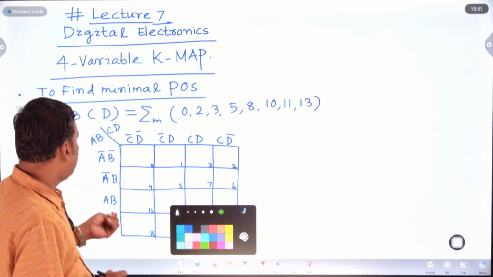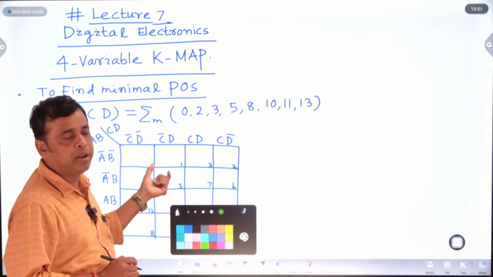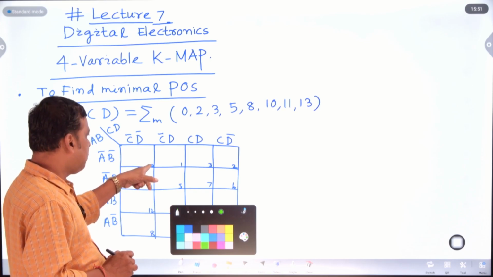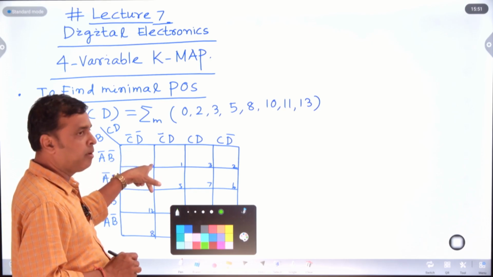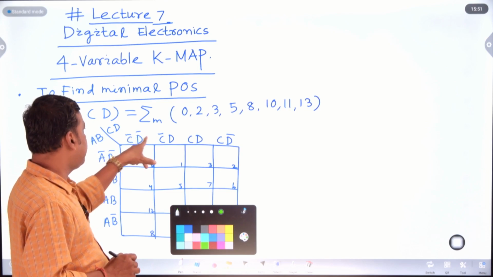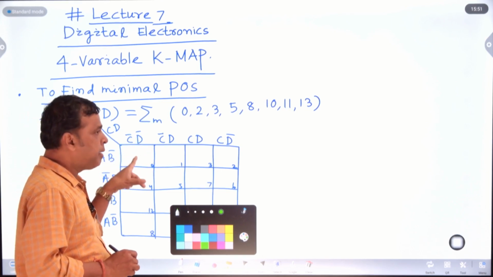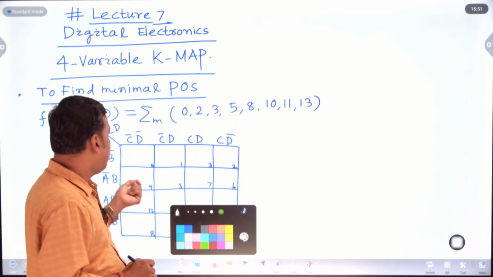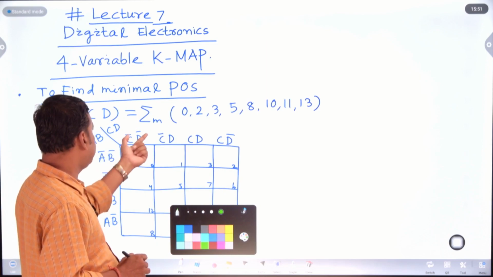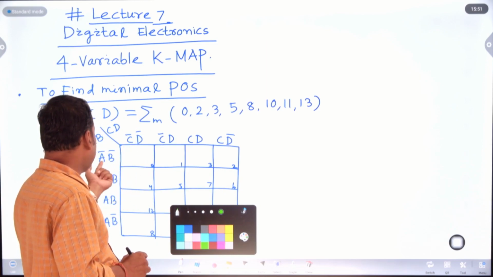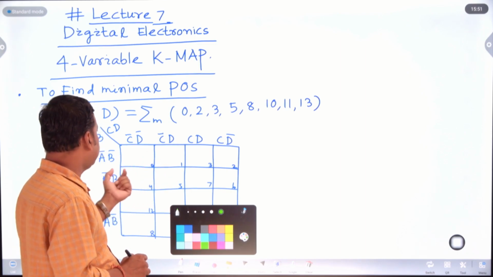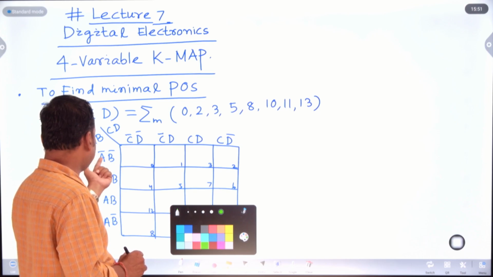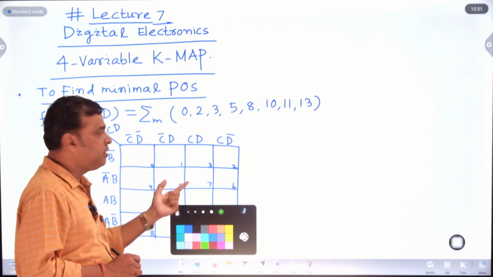Since it is a 4 variable K-map, the number of squares is 2 to the power 4, that is 16. As I told you in the previous class, this square represents decimal 0, because A bar, B bar, C bar, D bar, where bar means 0 and without bar is the true form. A bar, B bar, C bar, D represents binary 1. A bar, B bar, C, D is 0, 0, 1, 1, which is decimal 3.